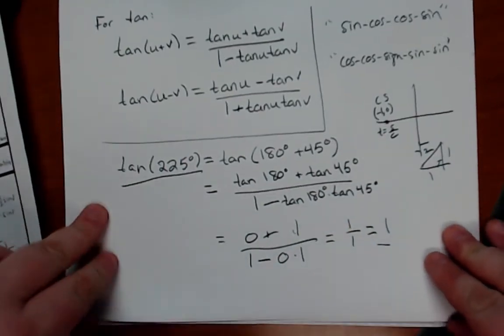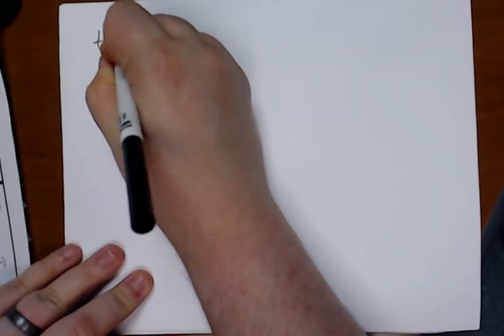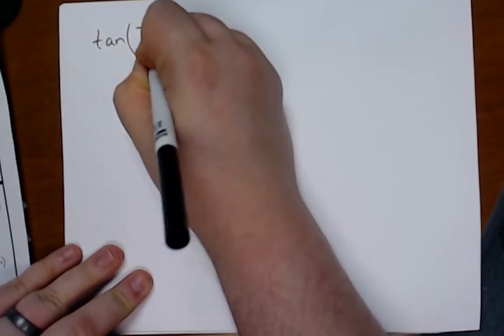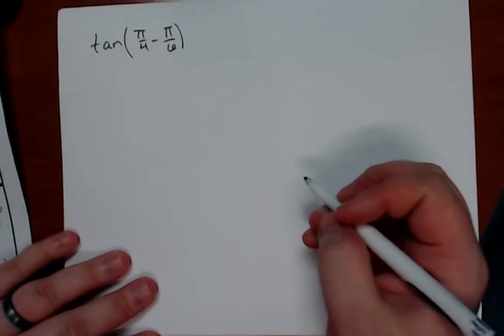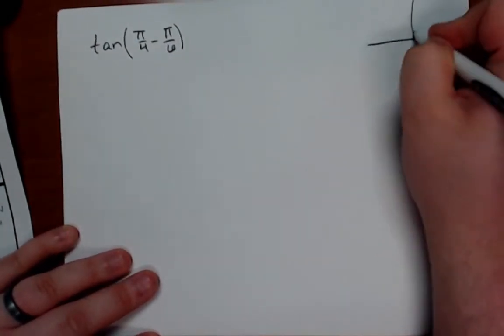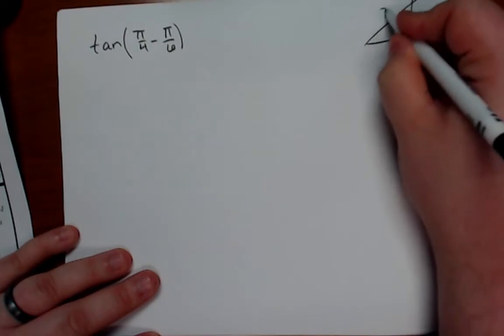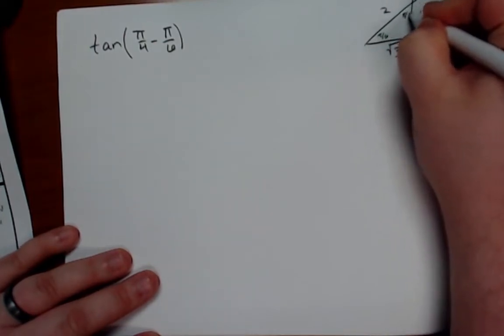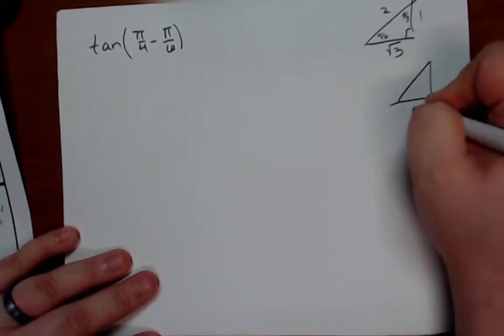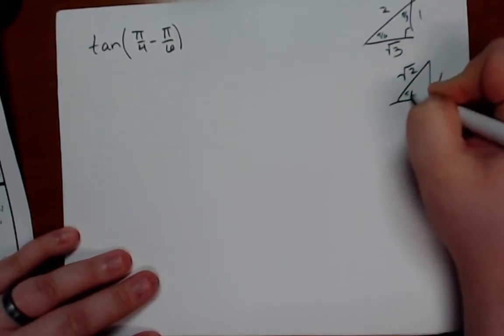We'll work through just a couple more examples with tangent, just to get practice working with the form of the tangent angle addition and subtraction formula. So tangent of pi over 4 minus pi over 6. We skipped a step. We already know what pi over 4 minus pi over 6 is. So we have our 1, 2, root 3. That's pi over 6, pi over 3, 90 degrees. 1 root 2, pi over 4.